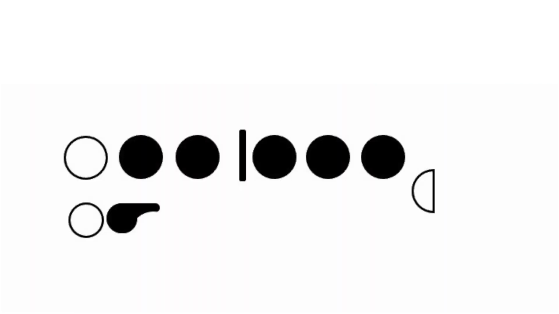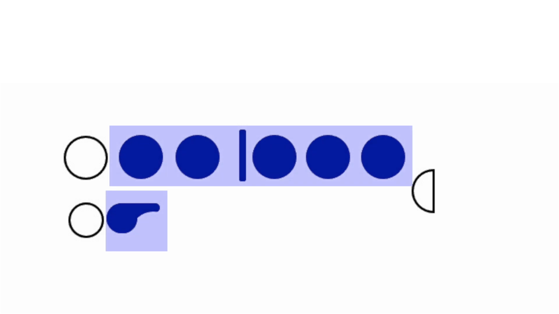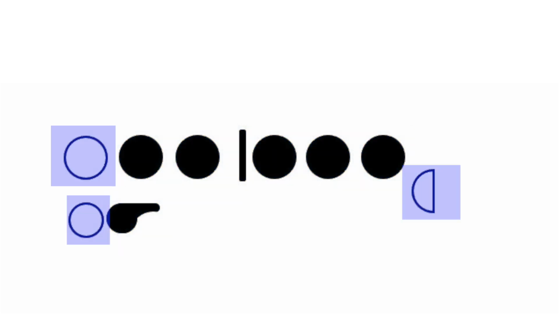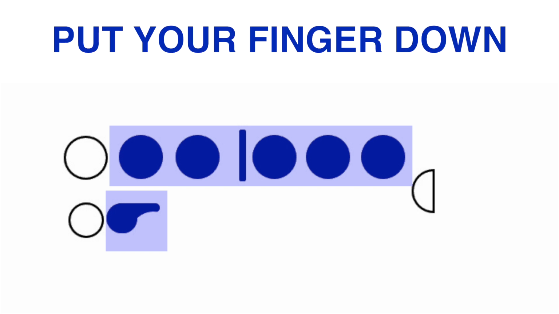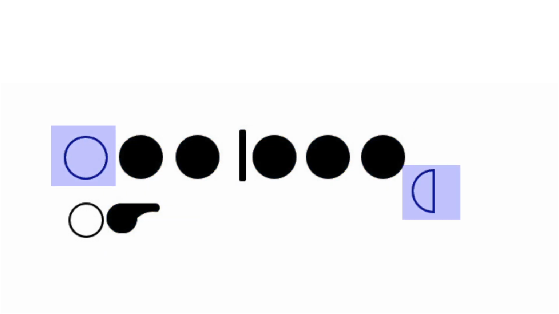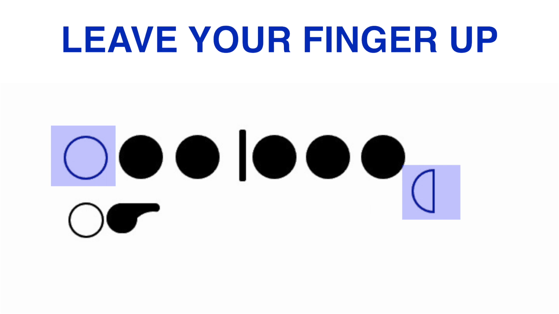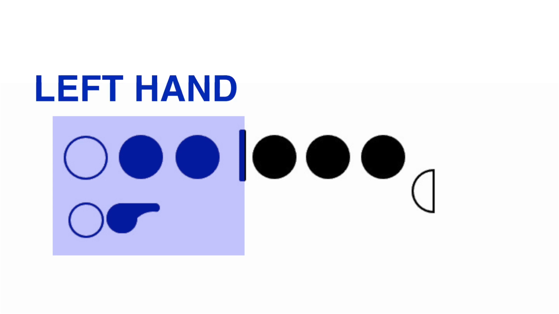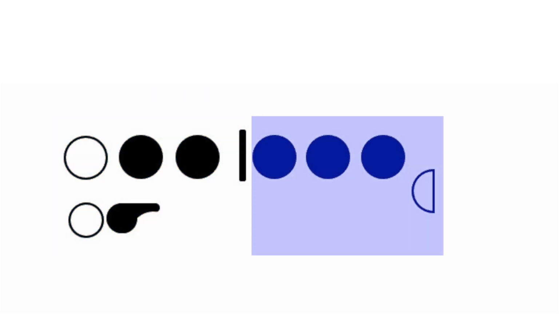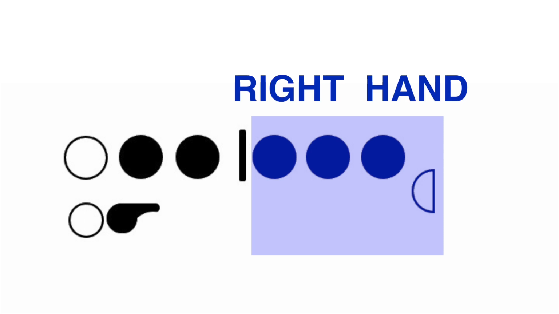Here's what your fingering chart looks like. It's made up of blackened in circles or spaces and open circles. A blackened in space means put your finger down. An open space or circle means leave your finger up. Everything on this side of the line is what your left hand is doing. Everything on this side of the line is what your right hand is doing.